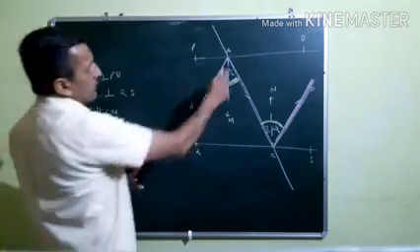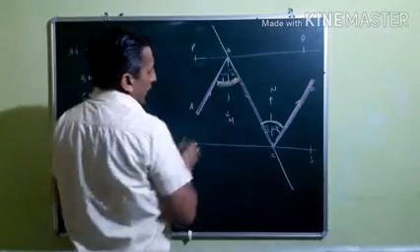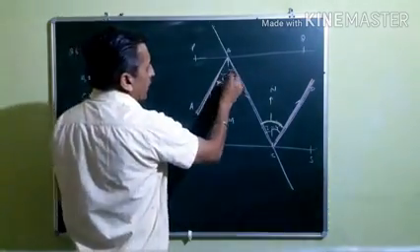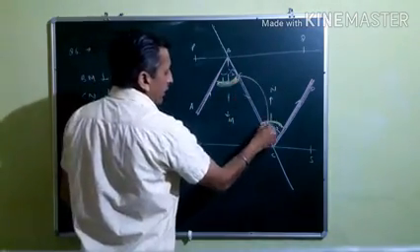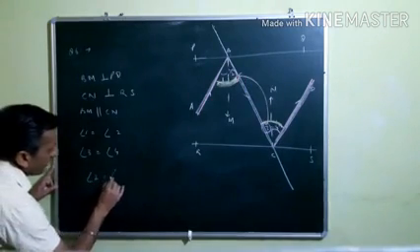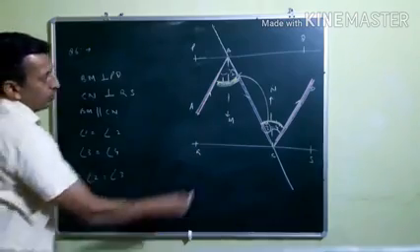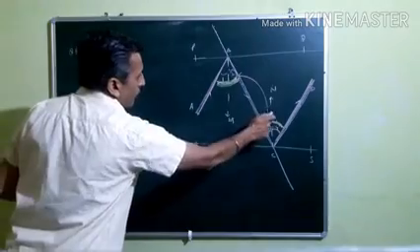Now see, these lines are parallel and this is your transversal. So angle 2 and angle 3 are both alternate interior angles. So angle 2 and 3 are equal, because this is your transversal and these two lines are parallel.